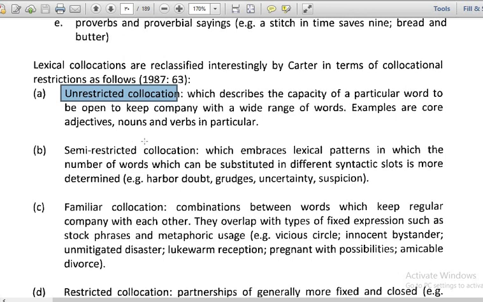Semi-restricted collocations, which embraces lexical patterns in which the number of words which can be substituted in different syntactic slots is more determined, such as harbor doubt, grudges, uncertainty, suspicion. Familiar collocation, combinations between words which keep regular company with each other.